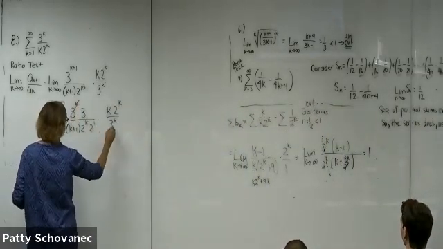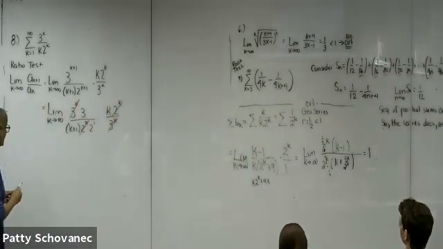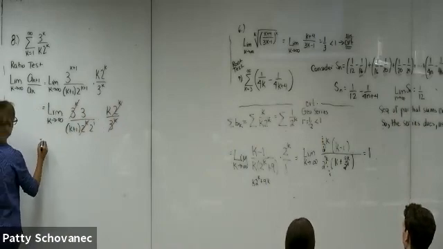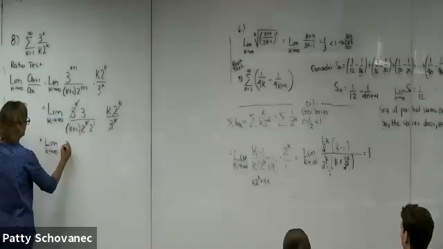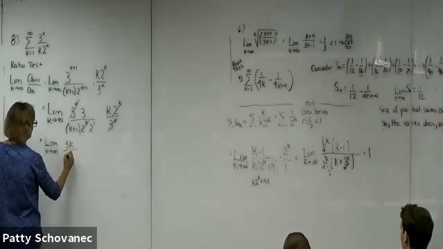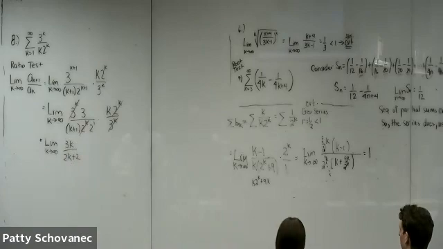That one. And that one. So we have 3k divided by 2k plus 2. So we were able to simplify that to 3k divided by 2k plus 2.